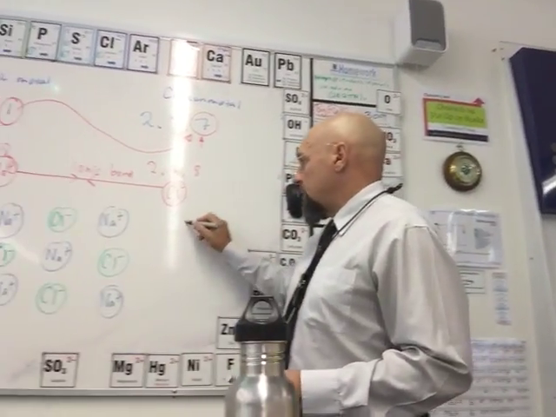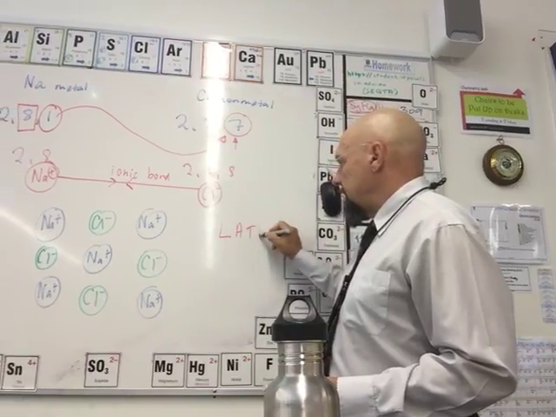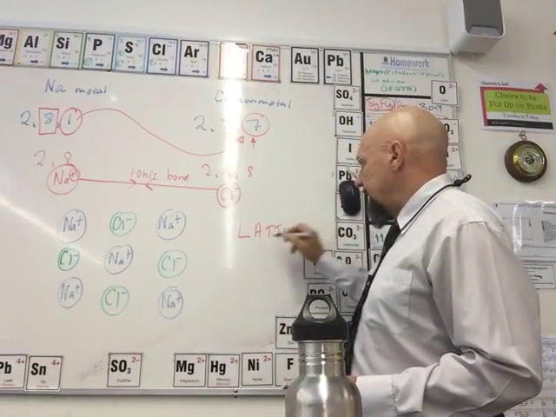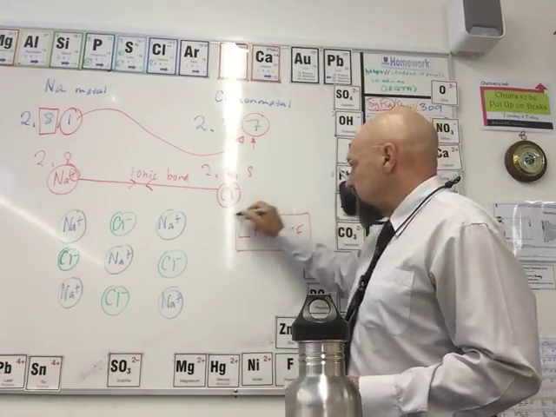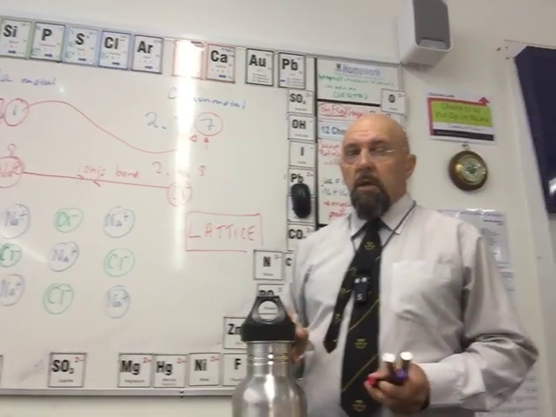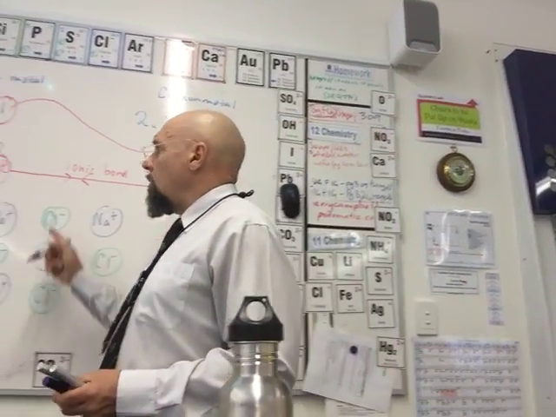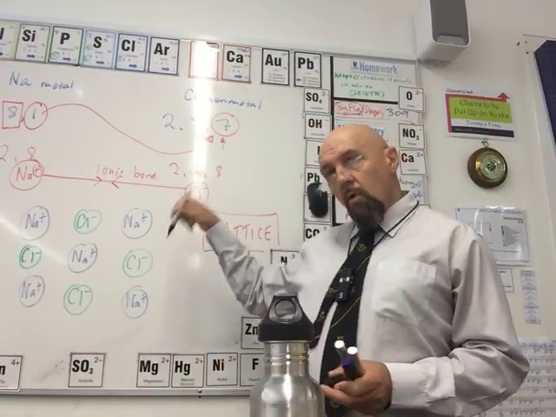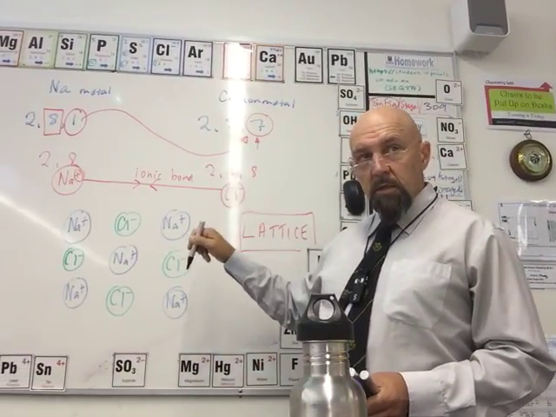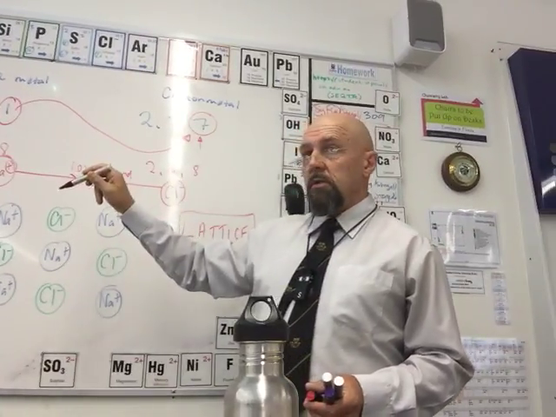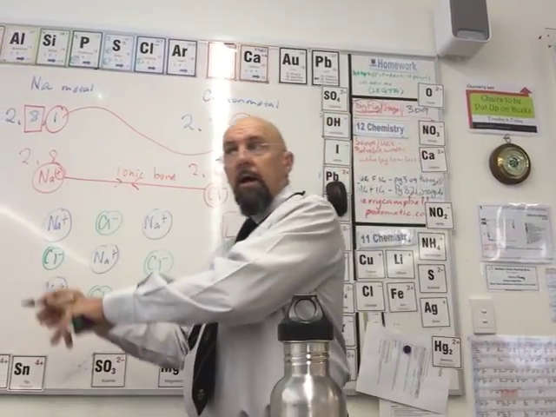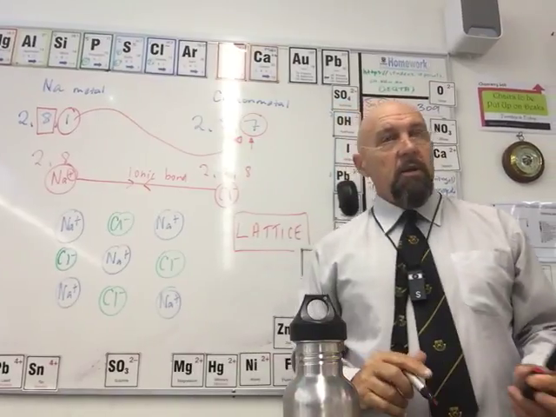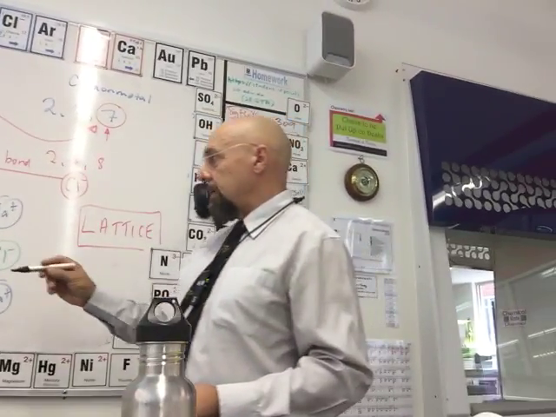But we spoke previously about the idea of a lattice, and a lattice is a continuous structure. As soon as we form one ionic bond, you have to consider that there are going to be many, many more bonds formed between all the sodium ions and all the chloride ions, depending on the quantities of chemicals that we're acting together.